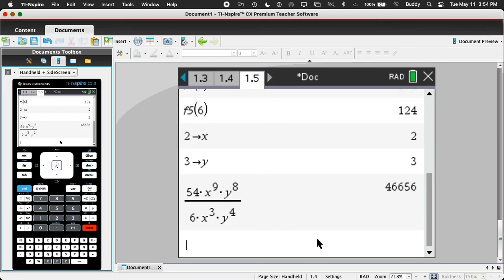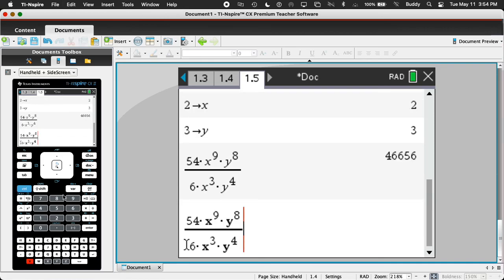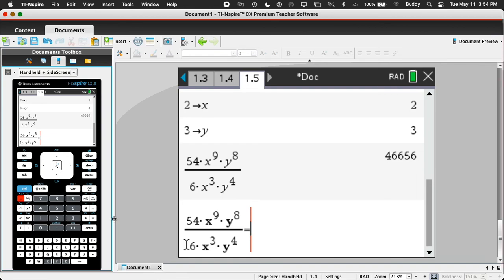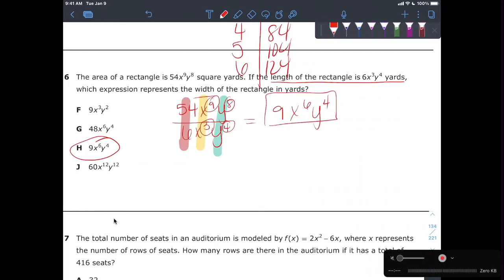Now, I did not mean to press enter. So, now that I've typed in my original equation, I'm going to go ahead and put an equal sign, and I'm going to say, all right, calculator, is that going to be the same as this answer that I got? And it says true. These are exactly the same.